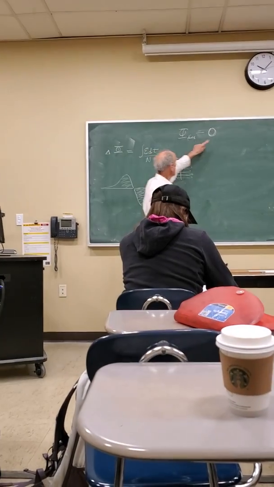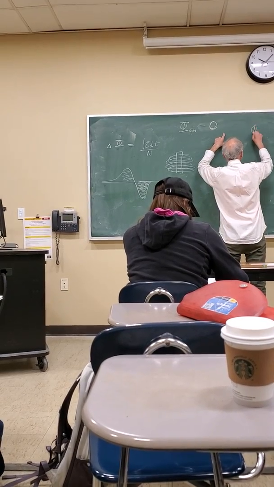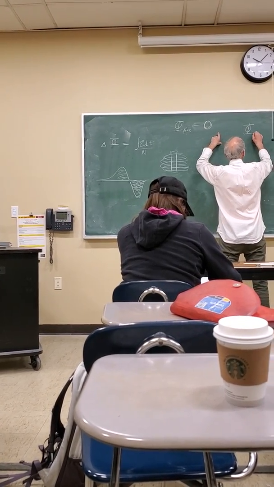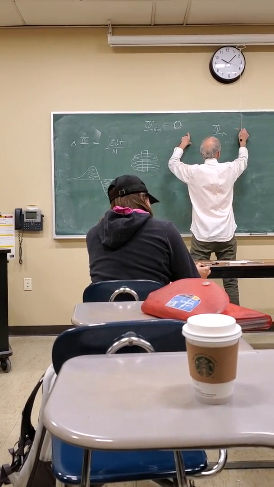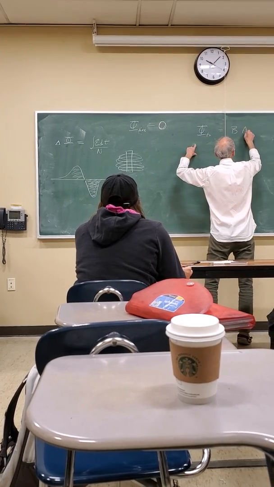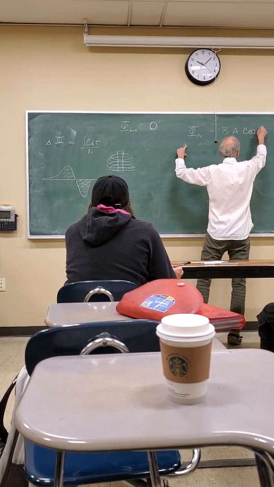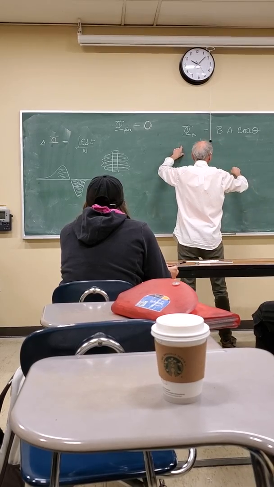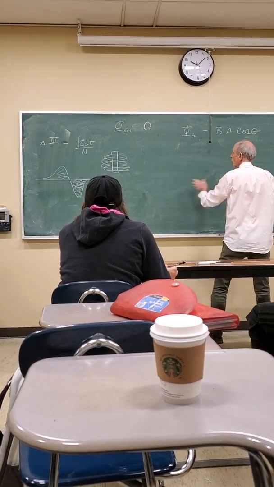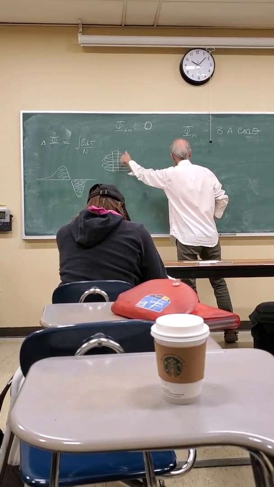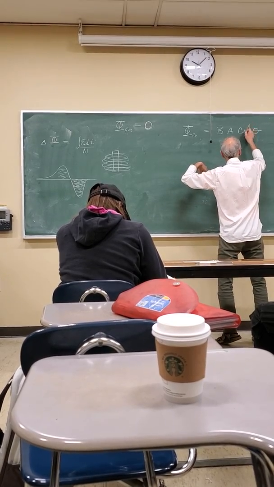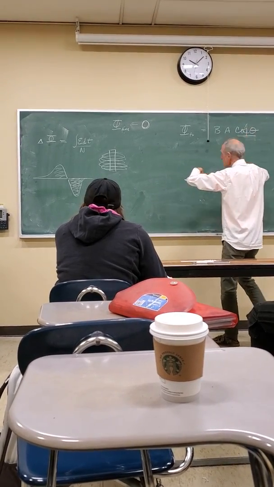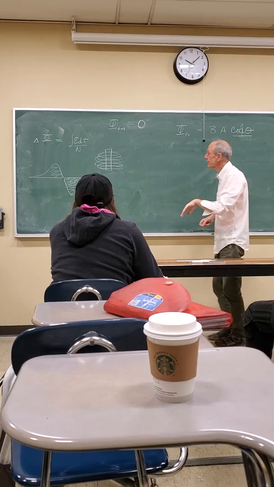And so the maximum flux is related to the maximum field this way. Since the coil and the magnet are lined up in the same direction, we ignored that. It's just 0 or 180 degrees, so it's 1 or negative 1.